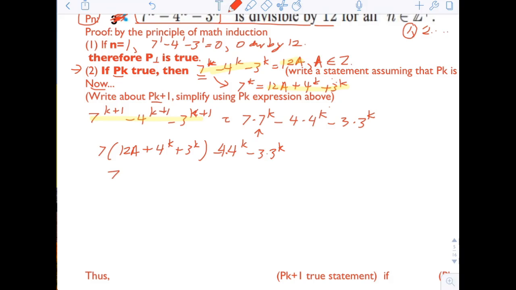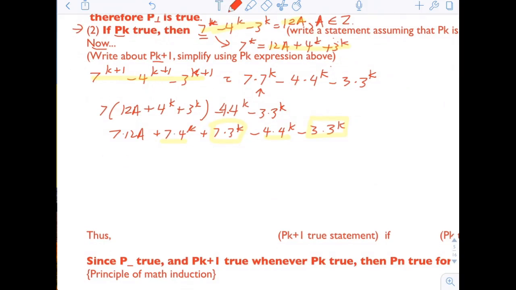So now we have 7 times 12a plus 7 times 4 to the k, and we have 7 times 3 to the k. And then we have minus 4 times 4 to the k, and minus 3 times 3 to the k. Now I'm seeing some common terms, they look alike, don't they?